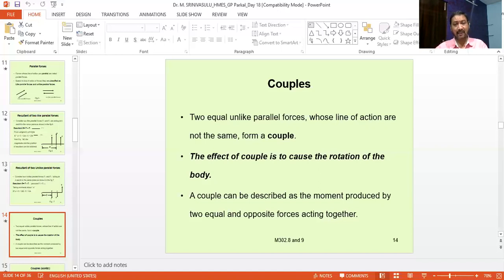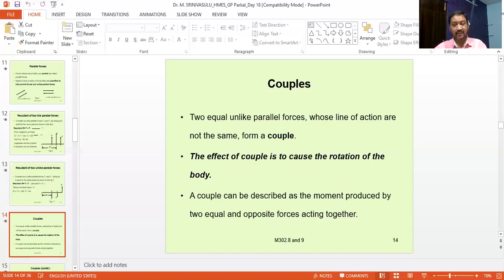That's all. So the moment of a couple and the moment of a force, the value will be the same. In case of the moment also, the magnitude of the moment is equal to force into distance between the two forces.